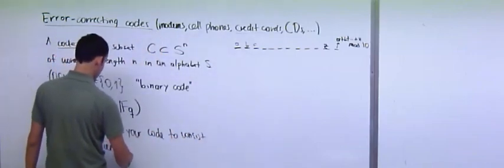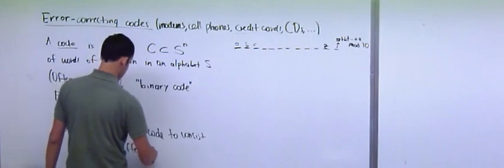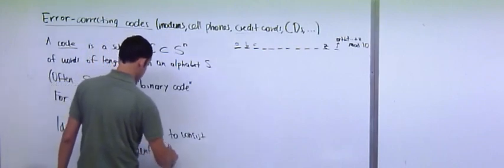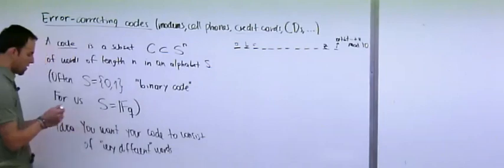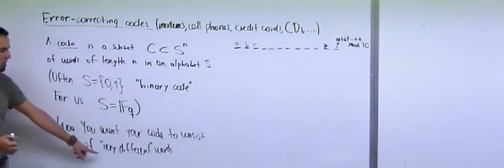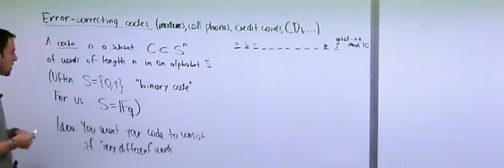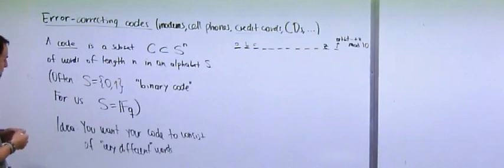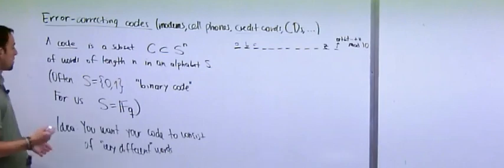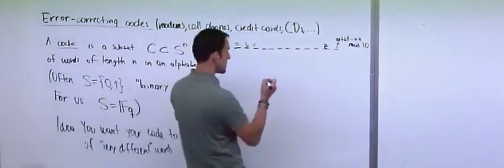Very different words. Okay. What do we mean by very different? Well, one simple notion of very different is just defining a distance between two words.